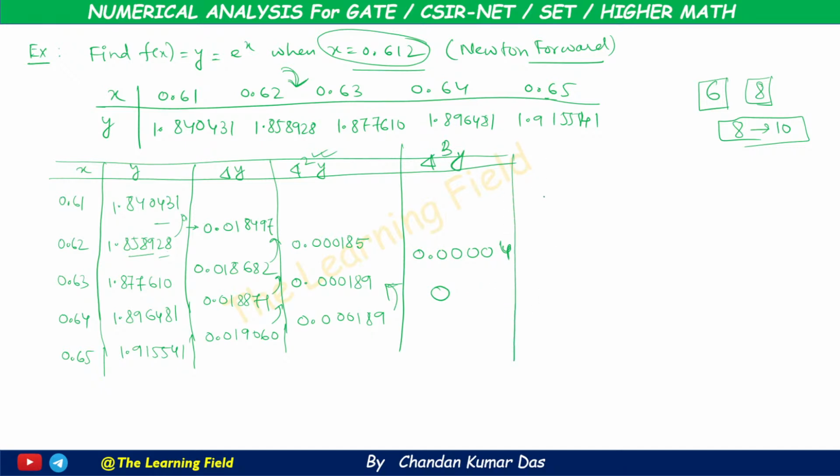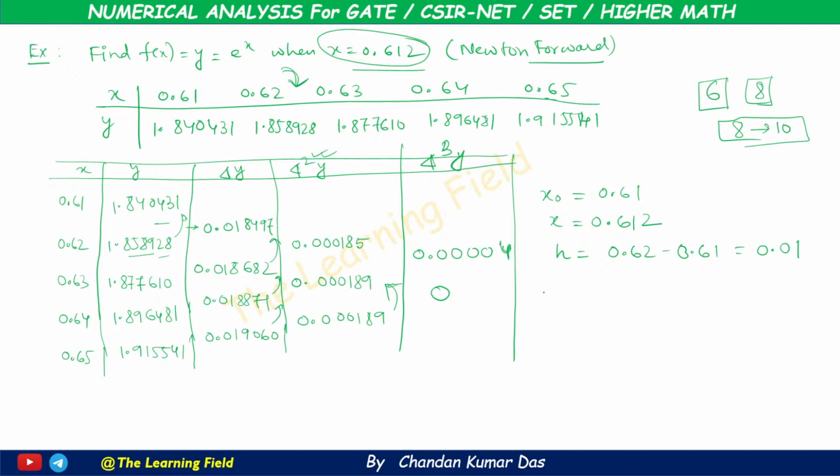First we need the value of x0. In the formula, x0 is equal to 0.61. Then we have to find the value at x equal to 0.612. h is the difference between any two consecutive values: 0.62 minus 0.61, which is equal to 0.01.